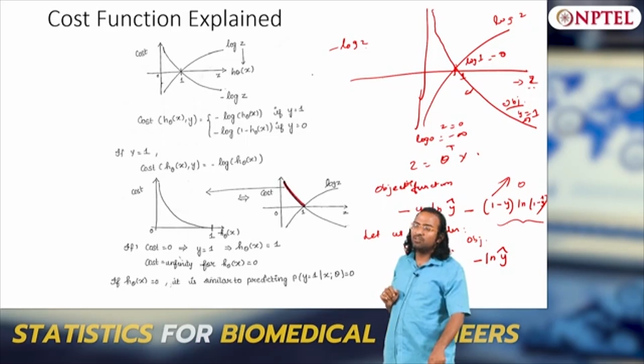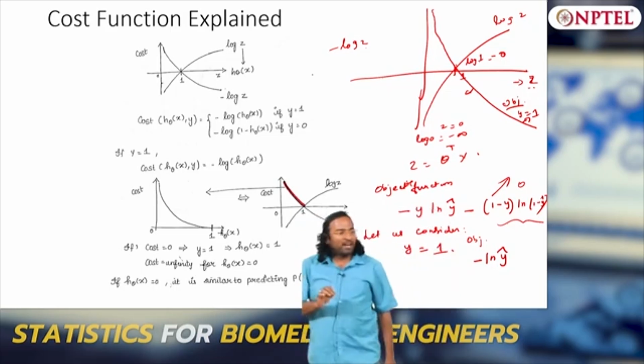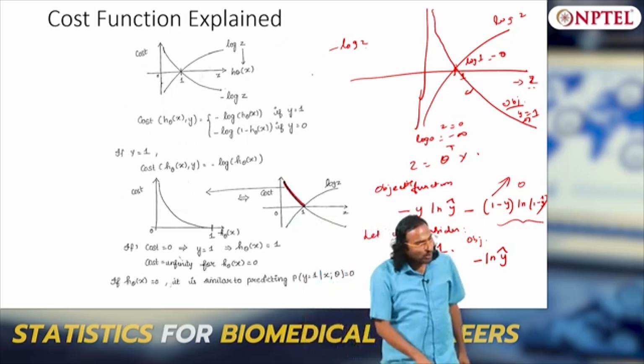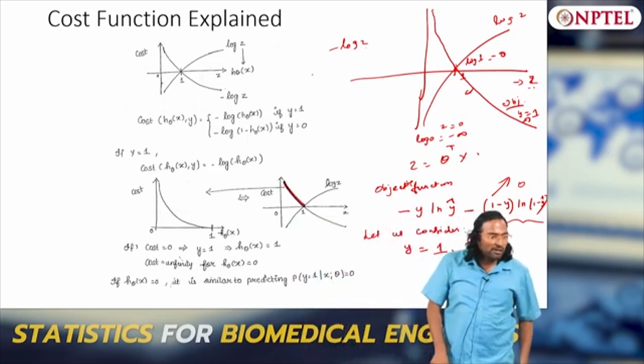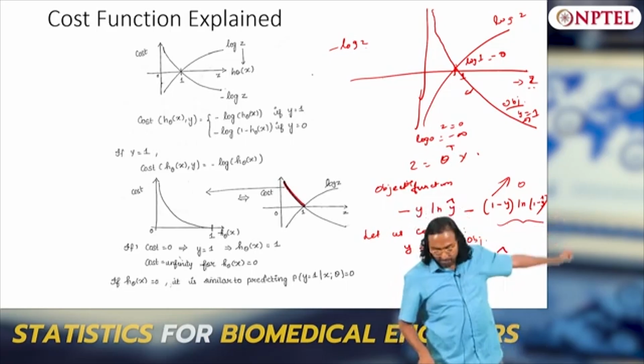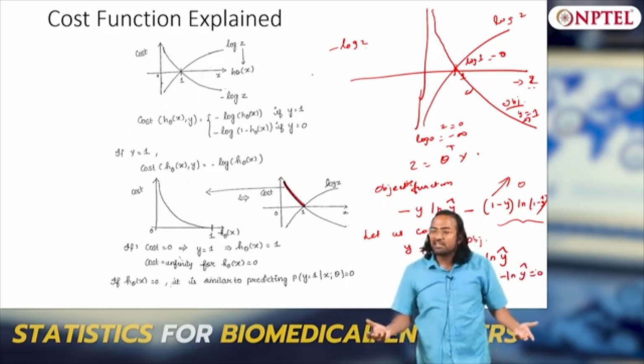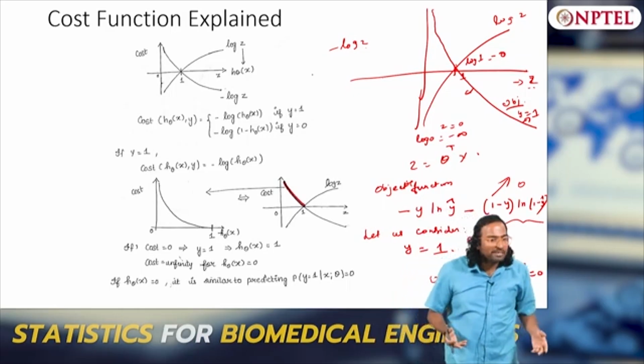Minus log 1, which is 0. The truth is y equals 1, and the objective function is minus ln y hat. When y hat equals 1, minus ln y hat equals 0. So the cost is 0, you have minimized the cost.